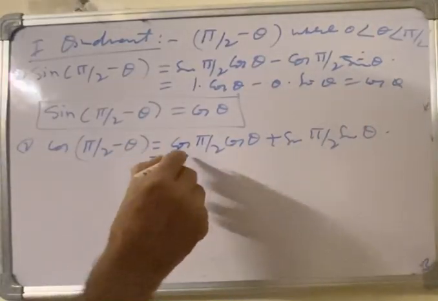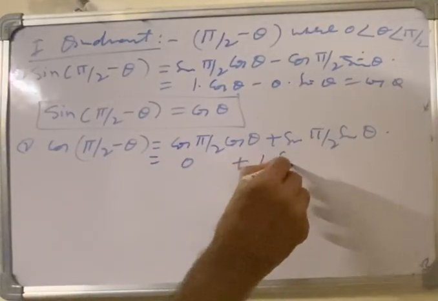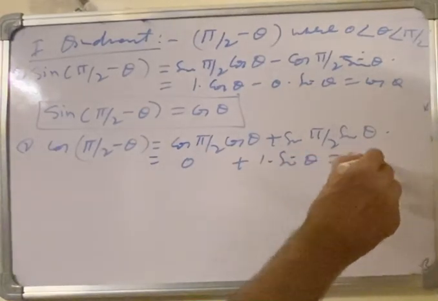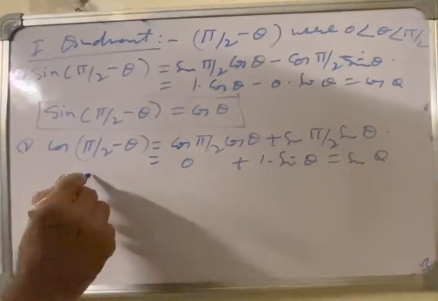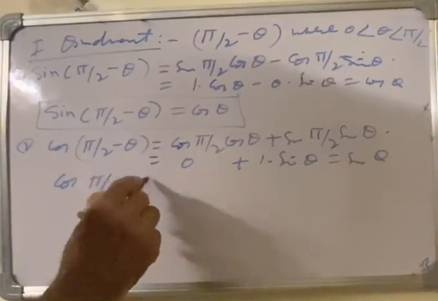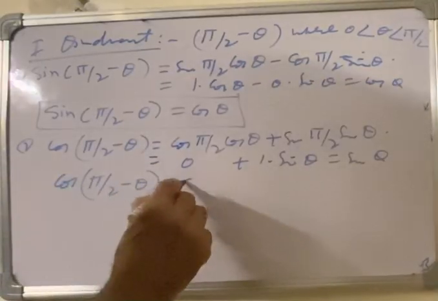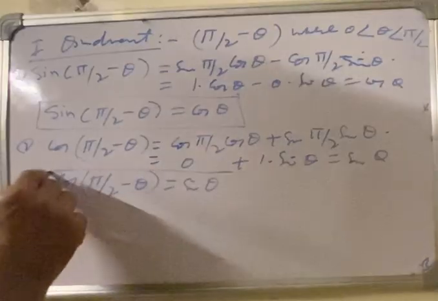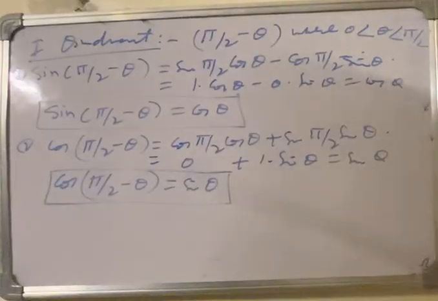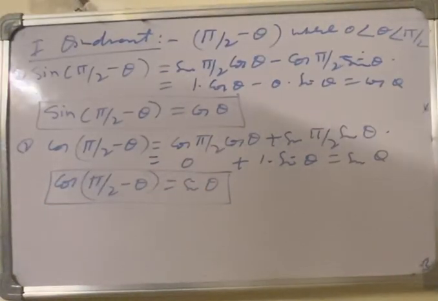Cos pi by 2 is 0, plus 1 into sin theta, which is sin theta. So cos of pi by 2 minus theta is equal to sin theta, positive. On the basis of this too, we can find tan, cot, secant, cosecant.